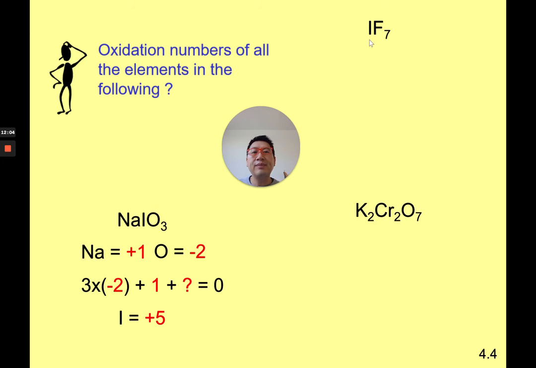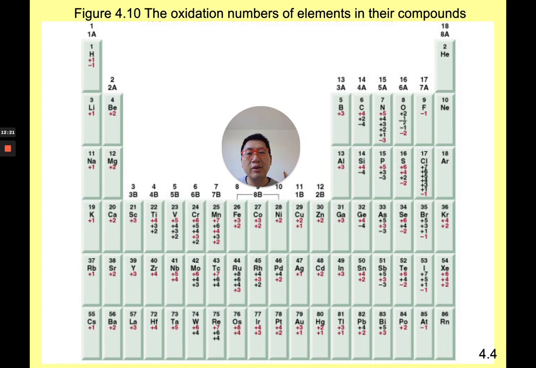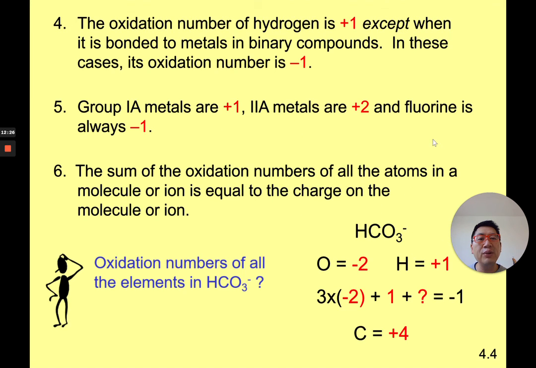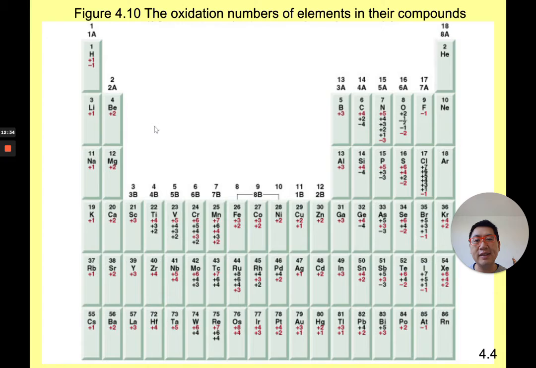Okay, next one, IF7. You're like, wait a second, they're both halogens, they're both -1. Well, they can't both be -1, because the charges must add up to 0. One thing I do know is that fluorine is always -1, no exception.